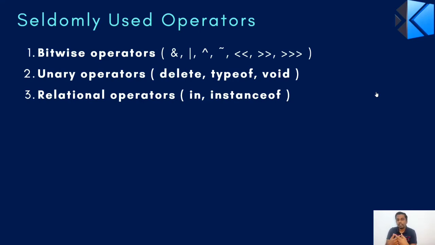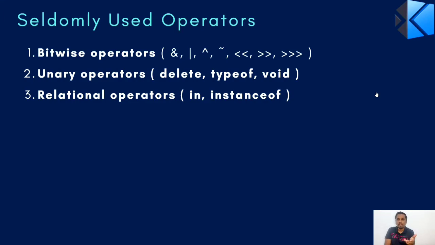Just taking a small example on this. I'll not go in depth, but I'll explain what these operators are. Bitwise operators are the single ampersand, single pipe, the caret sign, the tilde sign, double greater than, double less than, and triple greater than. The name itself says that it works on bits.